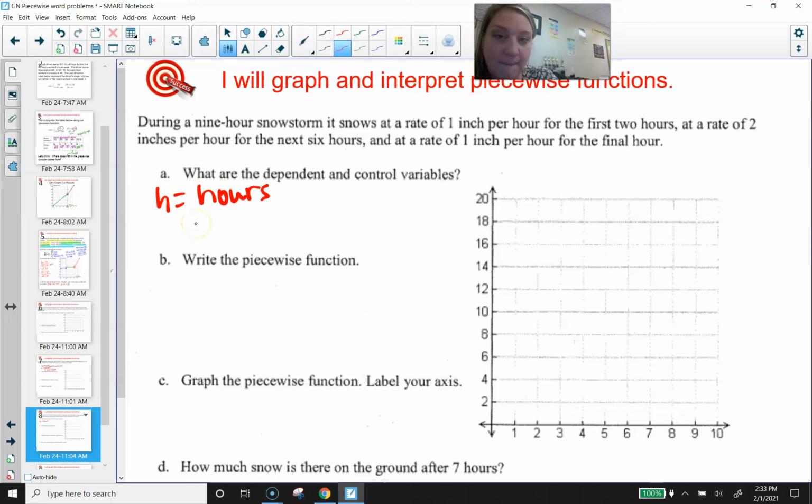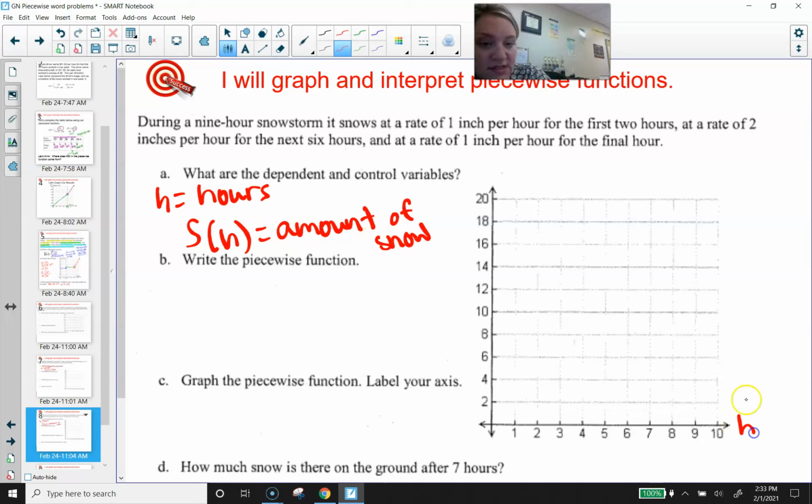And then whatever you want to use, let's use, I'm going to do S for total snow. You can do whatever letter you want. S of H would be the amount of snow. So what goes in and what comes out? Amount of snow. So this is your H, and this is your S of H. So the hours that have gone by, and then how much snow you have.